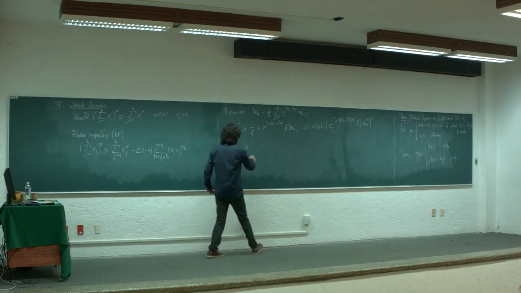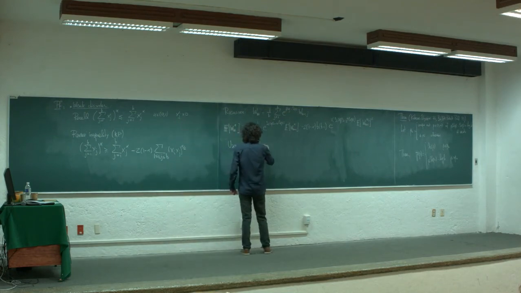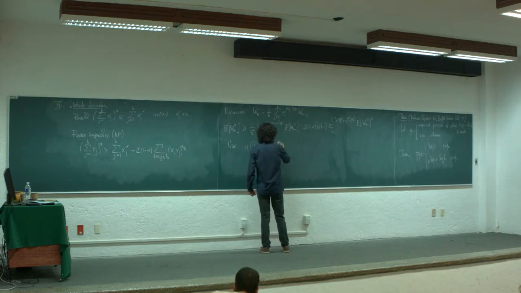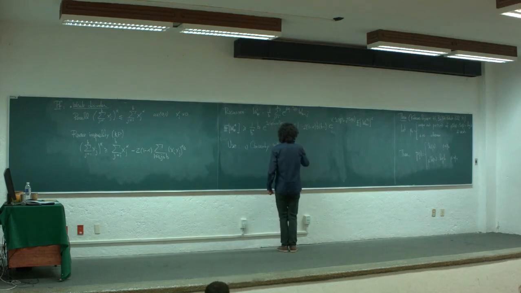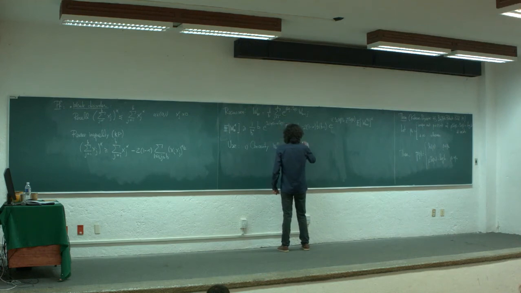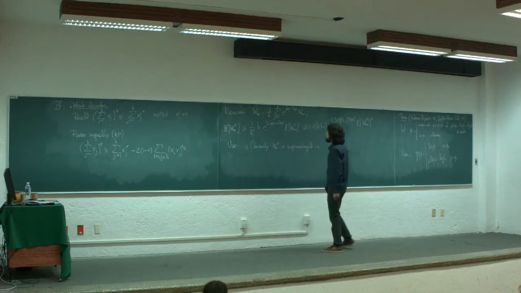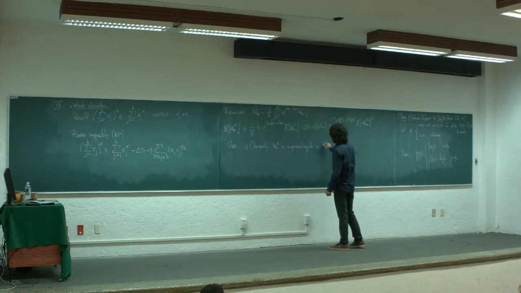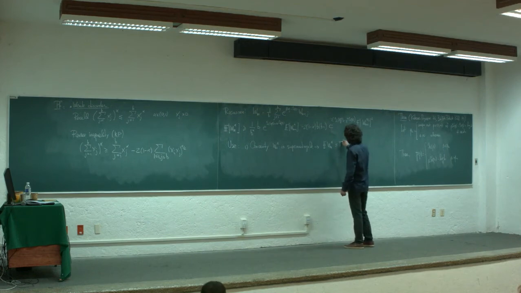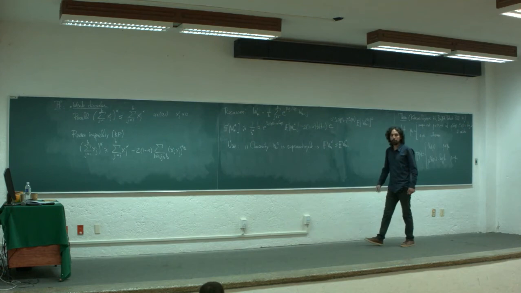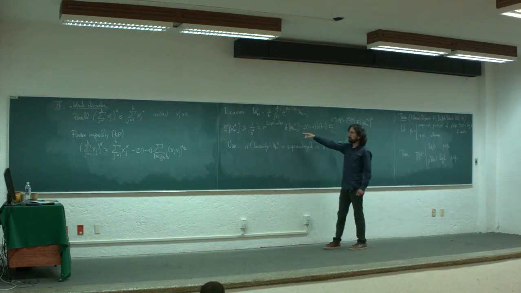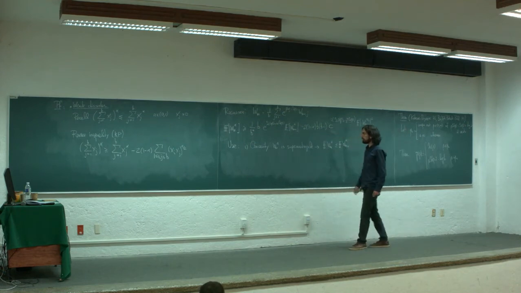So first, by concavity, W_n to the alpha is a supermartingale, which in particular means that these fractional moments are decreasing. Okay. So use that to replace this n minus 1 by an n over here.